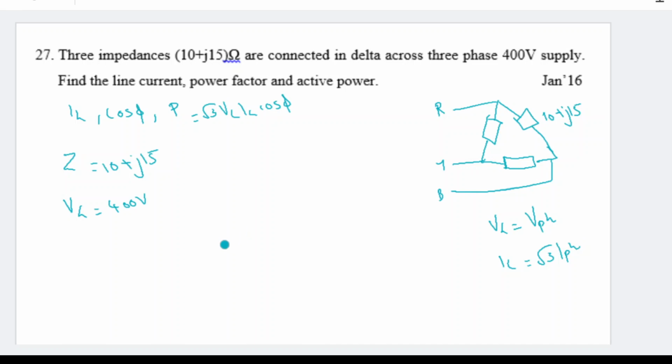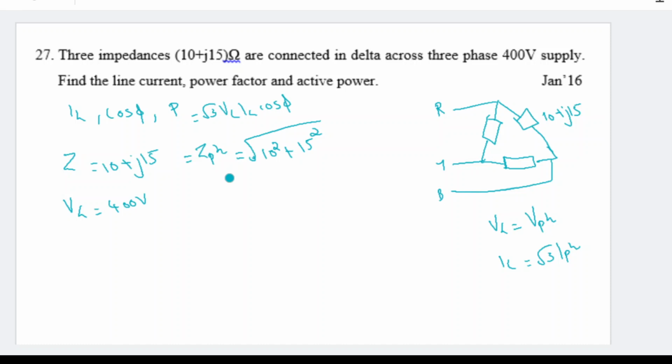Now, what is given in the question? We were given Z, that is Z phase. What will be Z phase? We can find it out. Z phase is equal to root of R square, that is 10 square, plus XL square, that is 15 square.